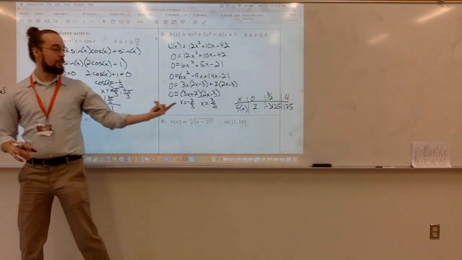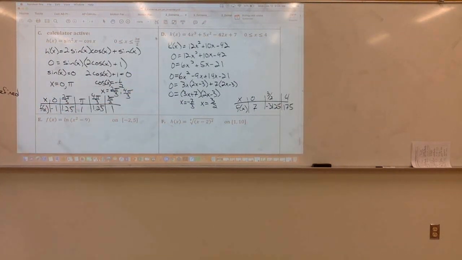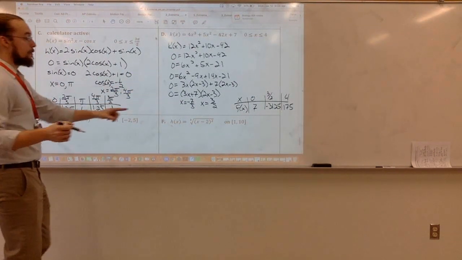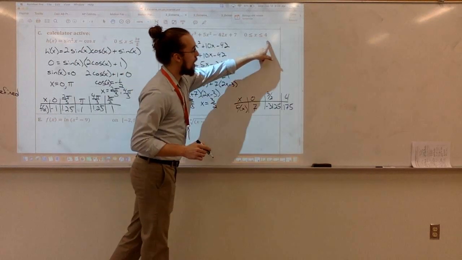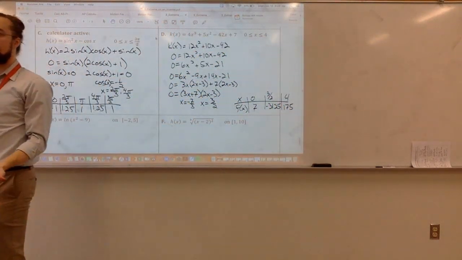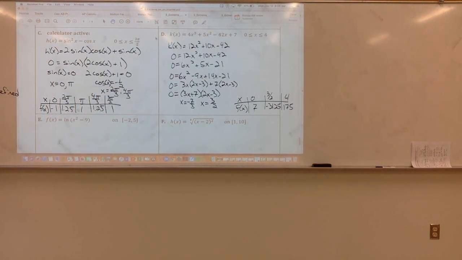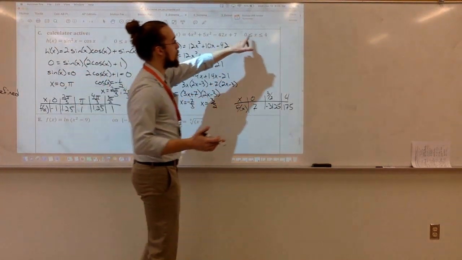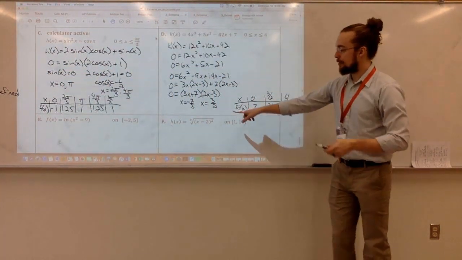Did we get negative 7/3 and 3/2 when we factored and set it equal to 0? But negative 7/3 is not on the interval that I care about, right? So I'm not going to use negative 7/3 as one of my candidates. So the only three possible places we have are the endpoints, 0 and 4, and 3/2.